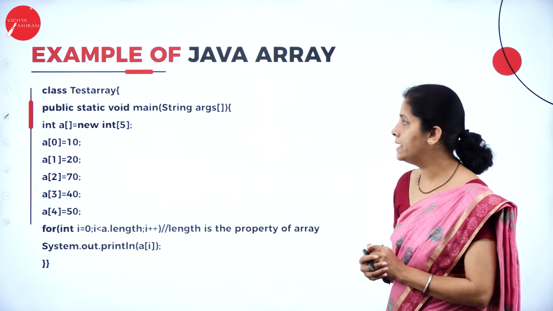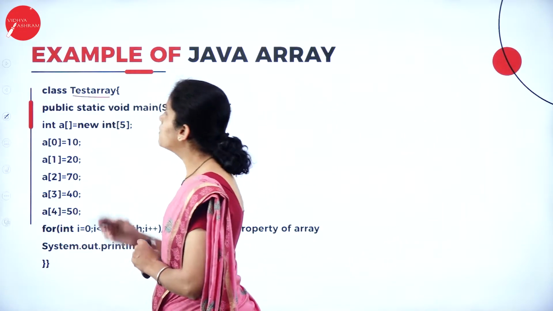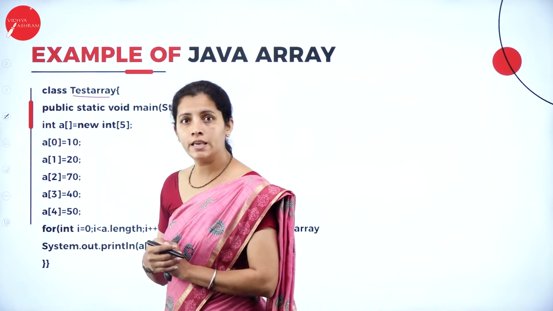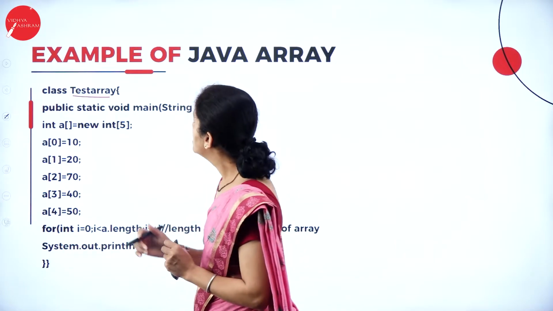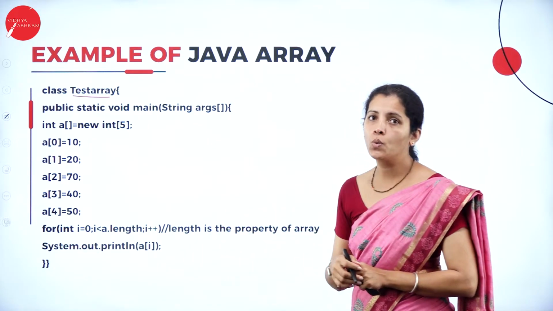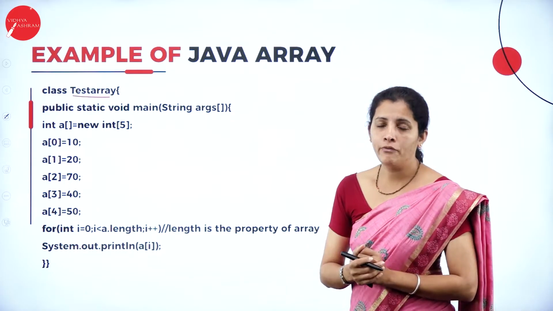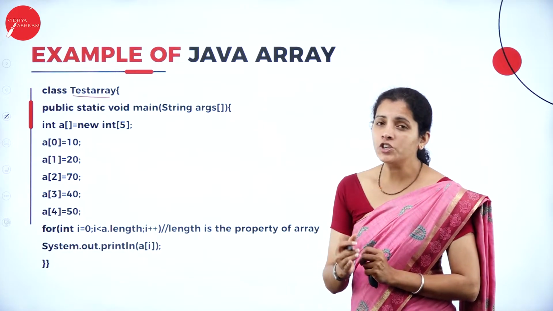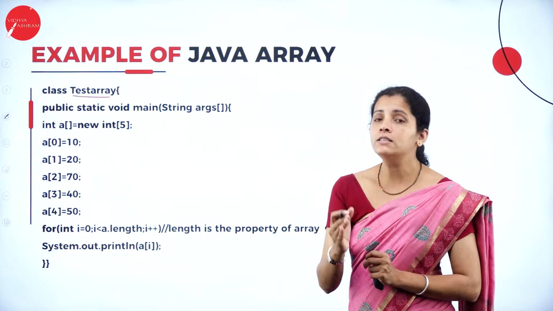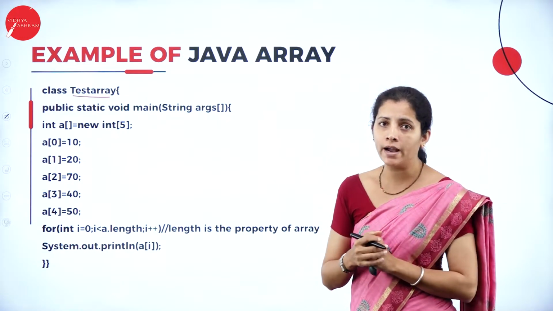So, dear student, see here, I'm going to start with the keyword class. Then I want to specify the class name. So what is my class name here? That is TestArray. Fine. Now the question arises, what is the file name here? That means, how can I store the file here?